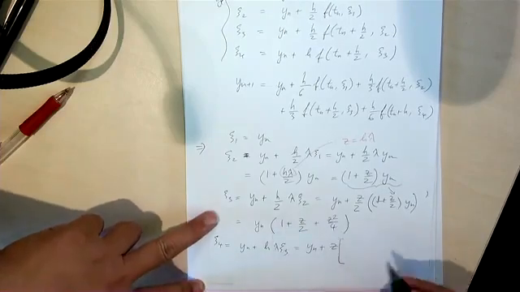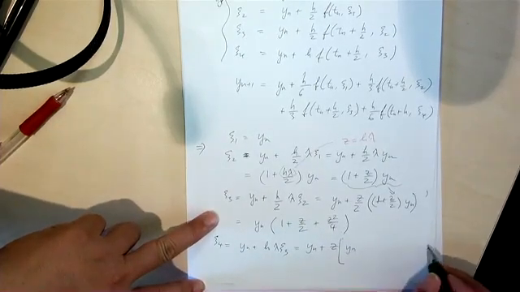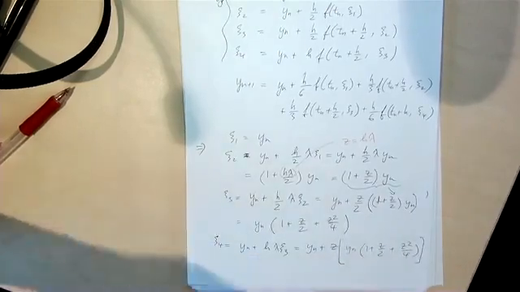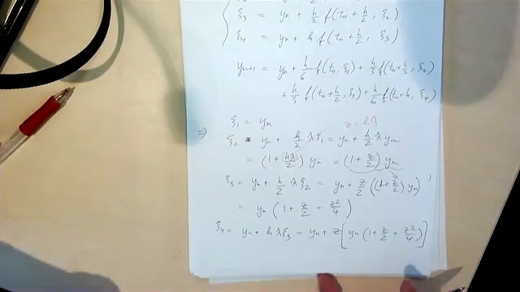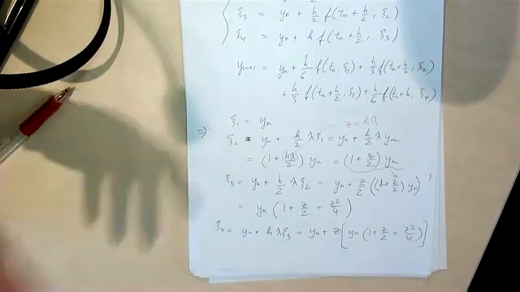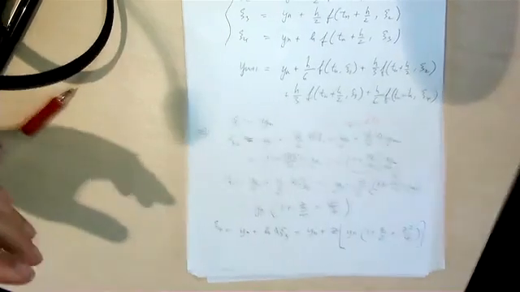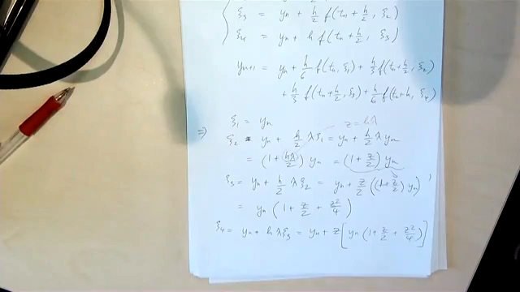So xi 3 is right here: yn, then 1 plus z over 2 plus z squared over 4. Okay? It's a bit tedious, but I show you the process. It's not hard. It's just where to plug in the symbols. In the end, you just play around with the symbols. Okay?